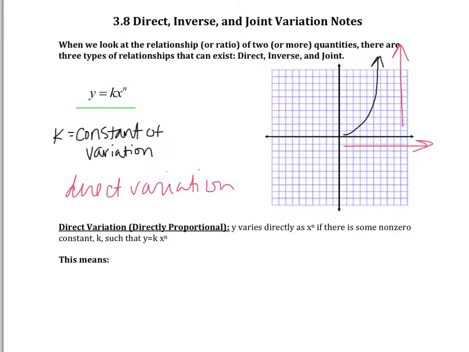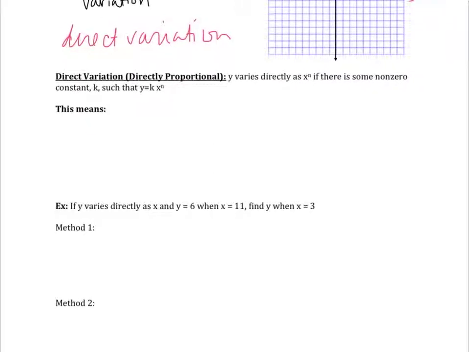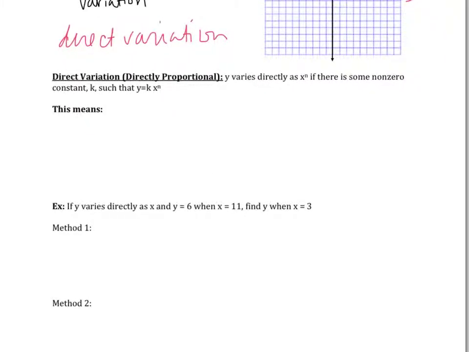So as x increases, y increases. As x decreases, y decreases. They change together.